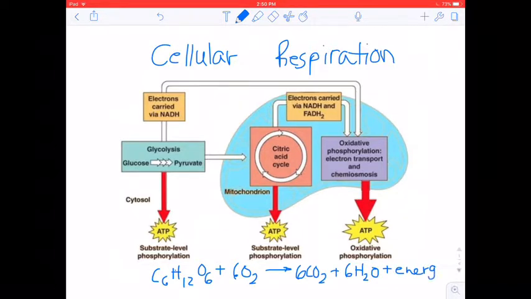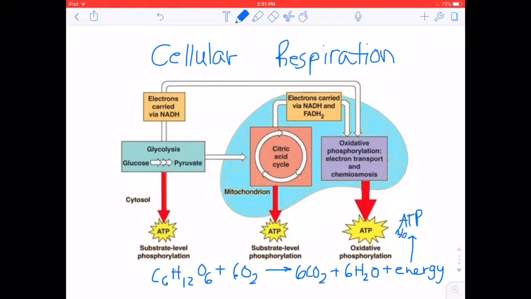This energy is usually ATP. So ATP, and aerobic cellular respiration usually produces between 36 and 38 ATP.